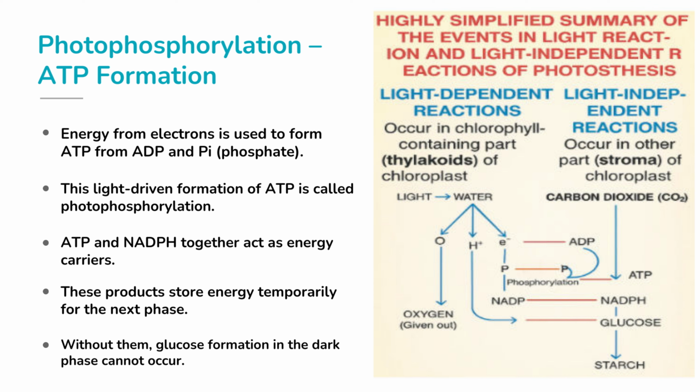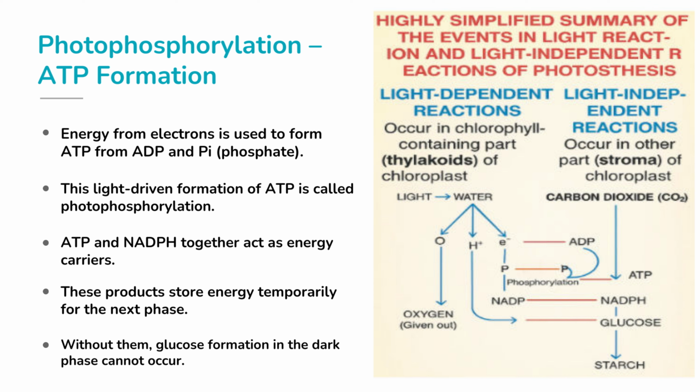Instead, it is cleverly used to add a phosphate group to ADP, forming ATP. This process, driven by light, is called photophosphorylation. At the same time, NADP, a carrier molecule, picks up hydrogen and becomes NADPH. Together, ATP and NADPH are like fully charged biological batteries, storing energy temporarily.